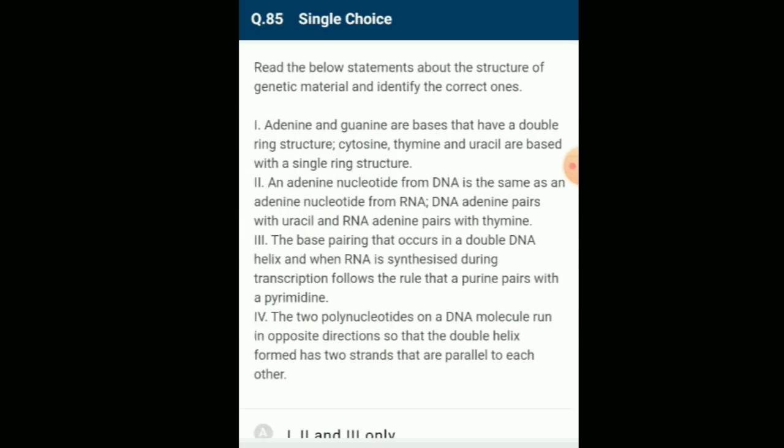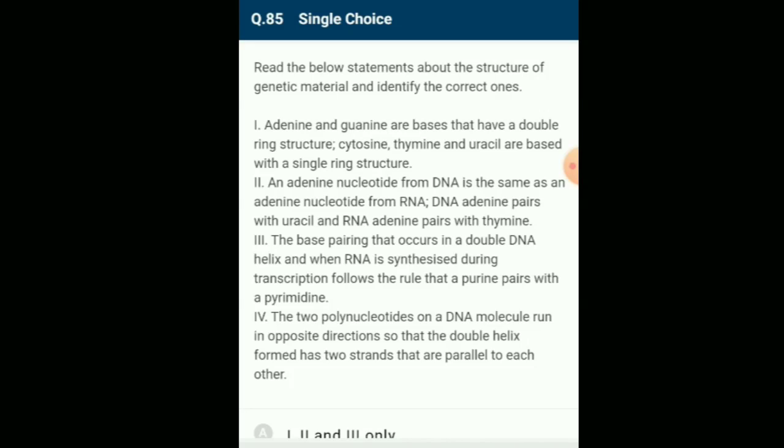Question number 85. Read the below statements about the structure of genetic material and identify the correct ones. Adenine and guanine are purines which have two ring structures, whereas thymine, uracil and cytosine are pyrimidines having a single ring structure.